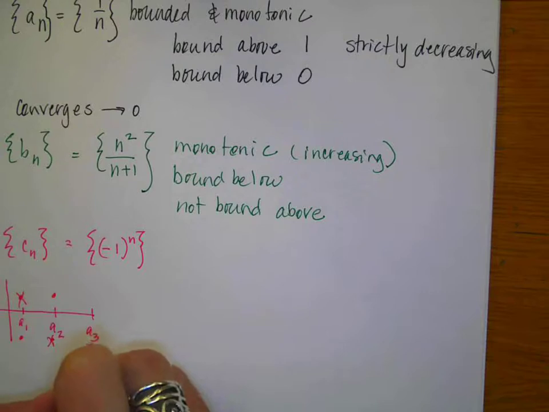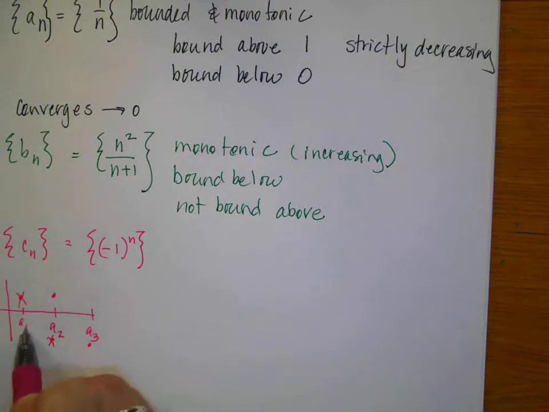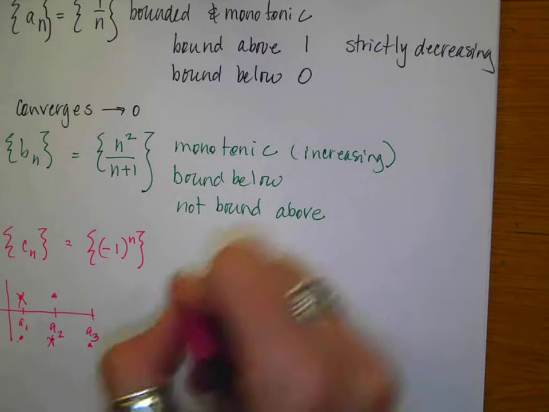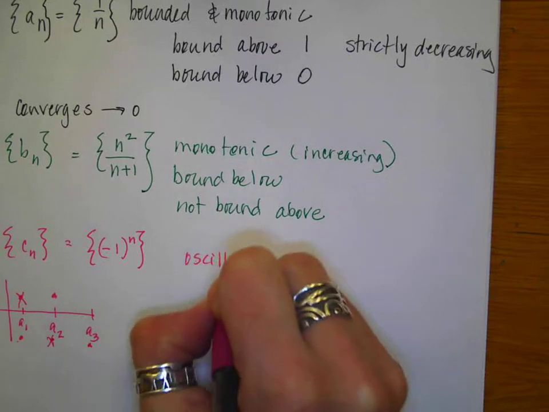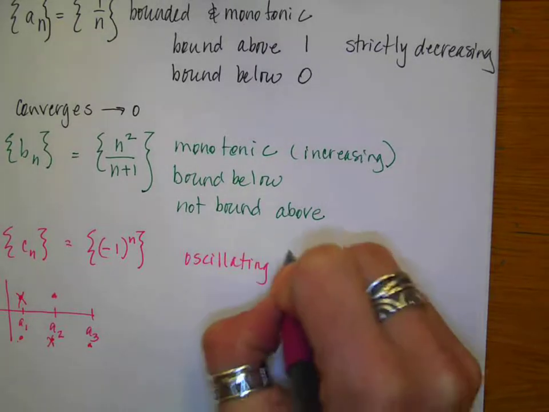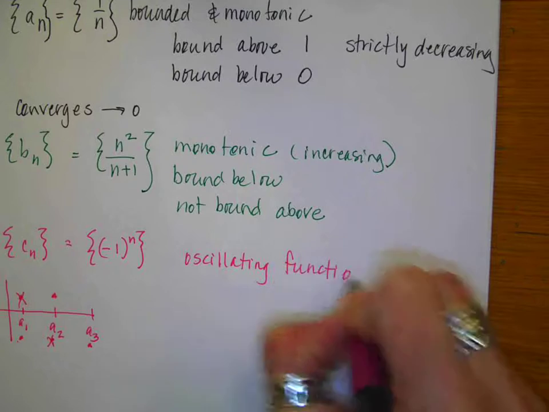I lied, they would switch places. This guy's going to be here, this guy's going to be here, because if n is odd, then it's negative, and if n is even, then my sequence value is positive. This is going to oscillate between -1 and positive 1, so it's an oscillating function.